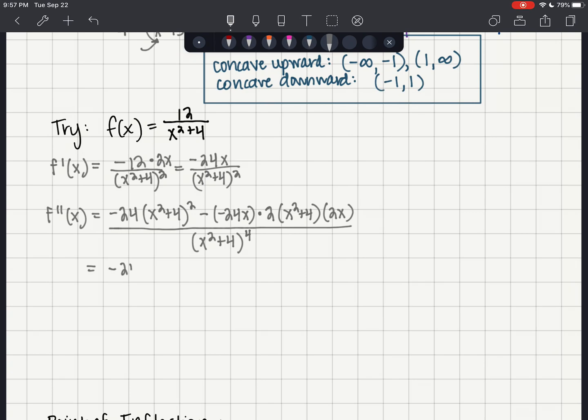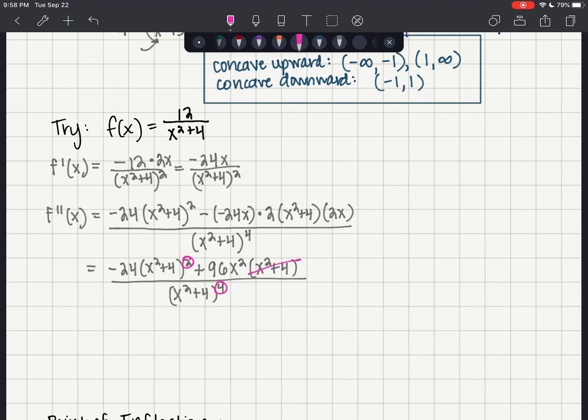So we'll have negative 24 times (x squared plus 4) quantity squared plus 24 times 4 is 96x squared times (x squared plus 4) all over (x squared plus 4) to the 4th power. Now this one is going to go away with one of these, which goes away with one of these. So we end up with, let's not factor, let's make sure that you've got this.